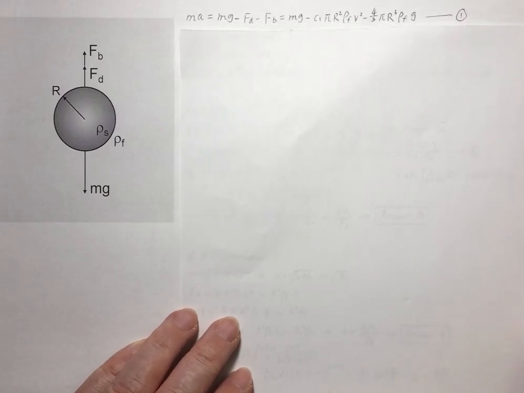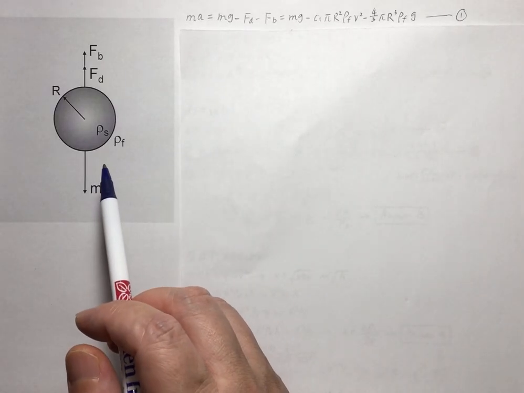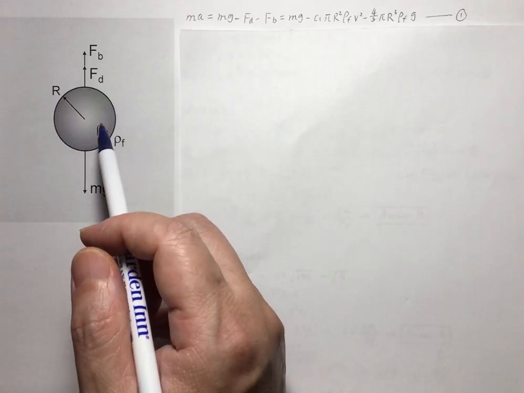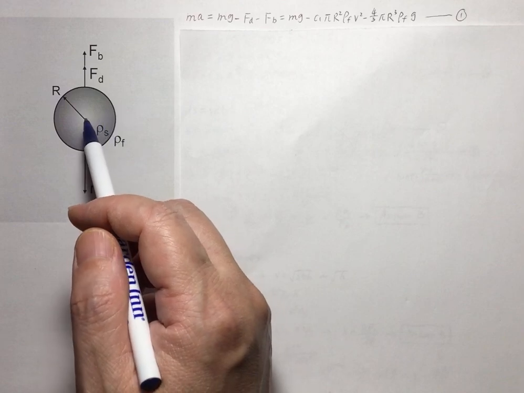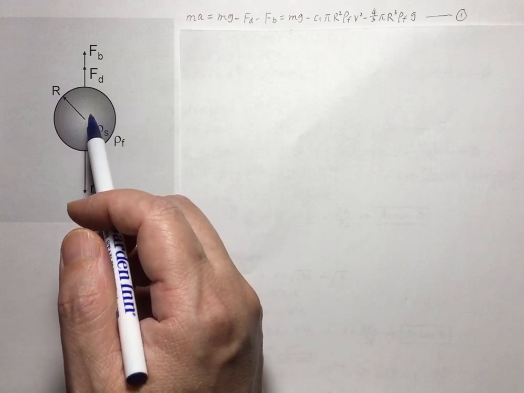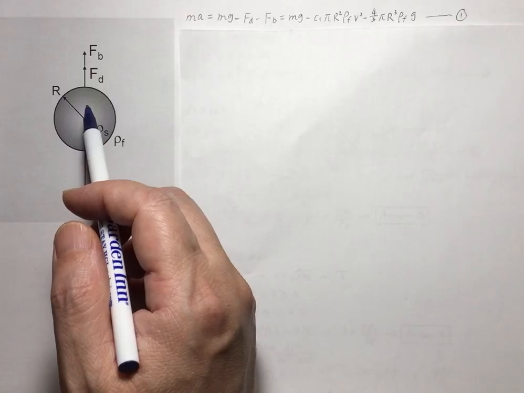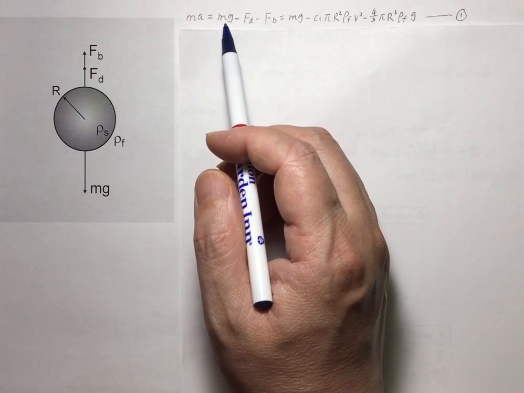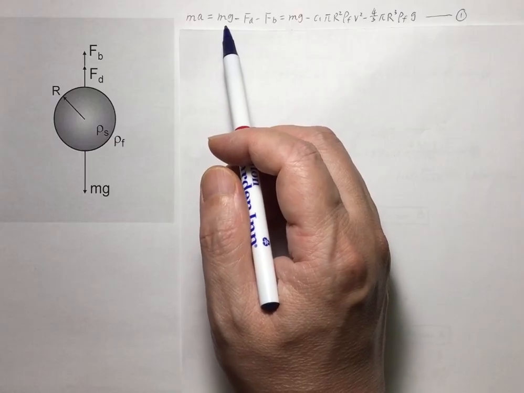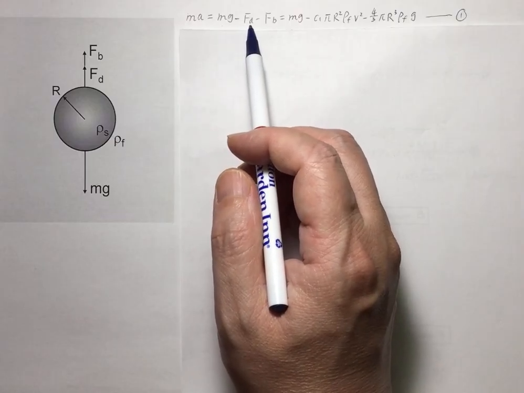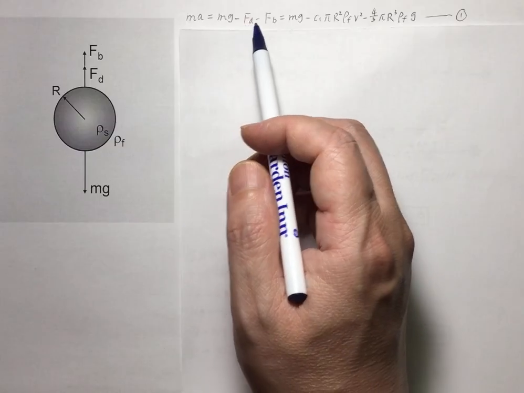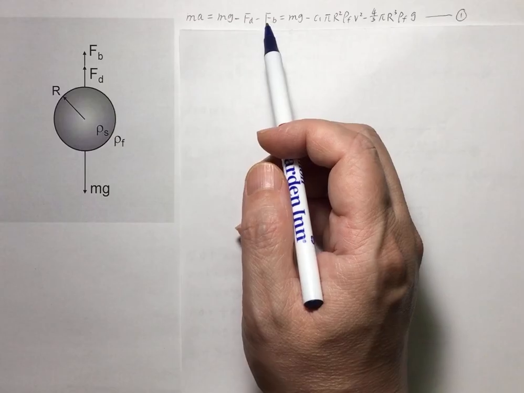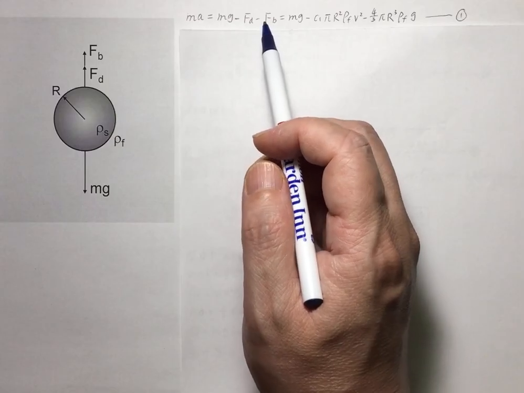First, we can write the equation. We assume that the sphere experiences acceleration because there are several forces that act on the sphere. The first one is gravity mg, which is downward, and then the drag force Fd, and then the buoyant force because the fluid can flow the sphere.